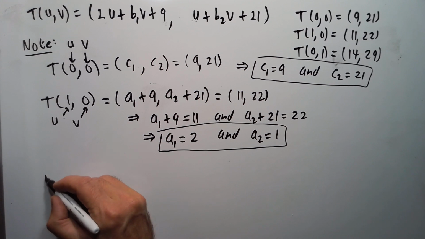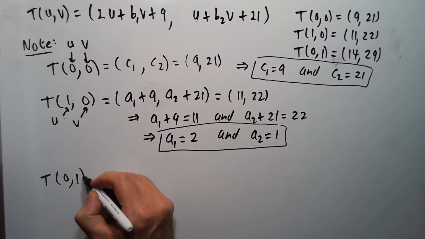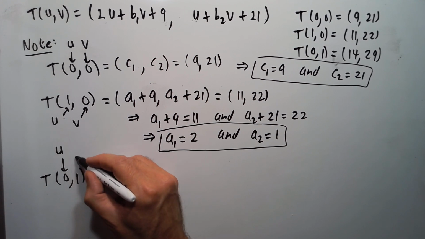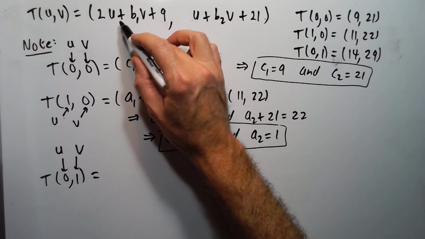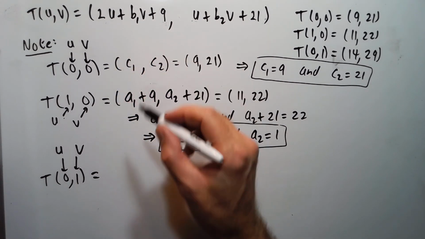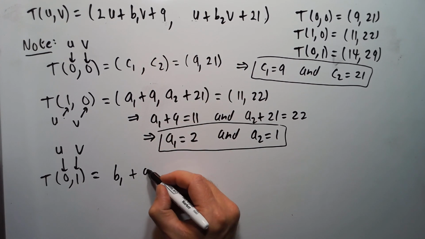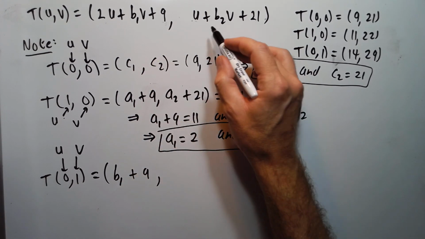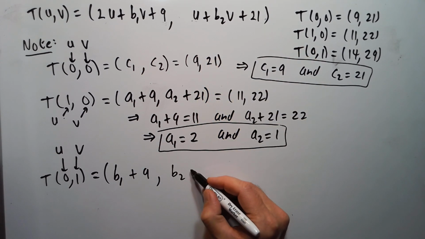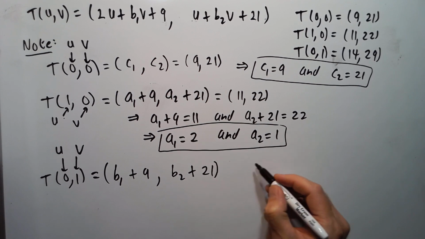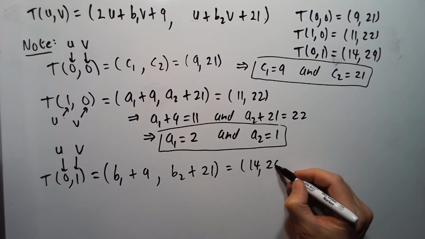So lastly, T of (0, 1), so that's now my U. That's my V. So going up here, putting 0 in place of U, 1 in place of V. So it'd be just B1 plus 9. 0 in place of U, 1 in place of V. So it'd be B2 plus 21 has to equal (14, 29).